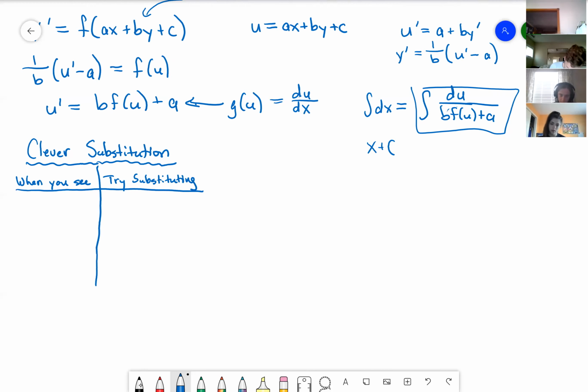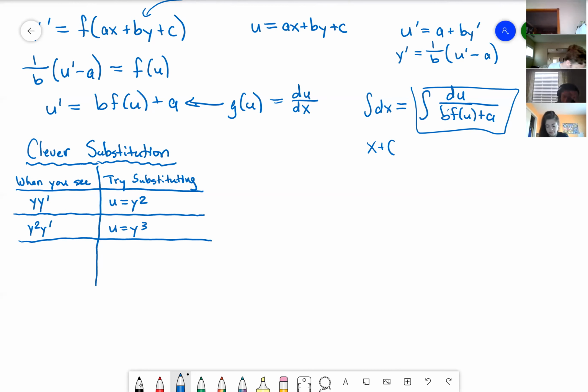So what are their suggestions? When we see y prime, try u is equal to y squared. When you see y squared y prime, try u is equal to y cubed. Of course, they give these without justification, and I will do the same.